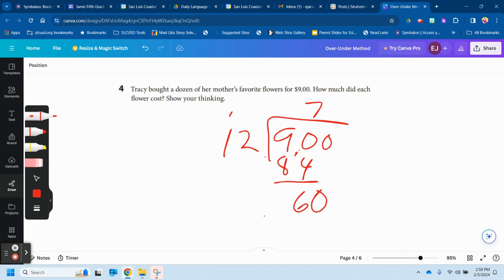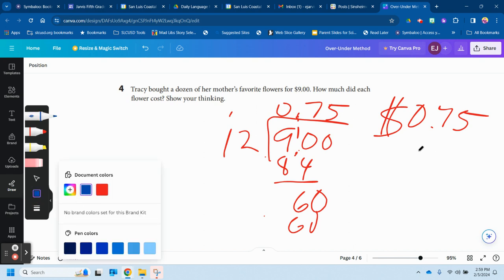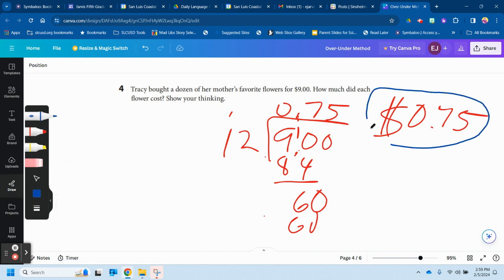And then if I bring up the decimal point, I get 75 cents. 5 times 12 is 60. You just line up that decimal point. Bring it right up. So it is 75 cents a flower. And that makes more sense because 12 flowers cost $9, so each flower is going to be less than $1. So always think, does my answer make sense? In this case, yeah, each flower, probably that does sound right: 75 cents a flower for 12.